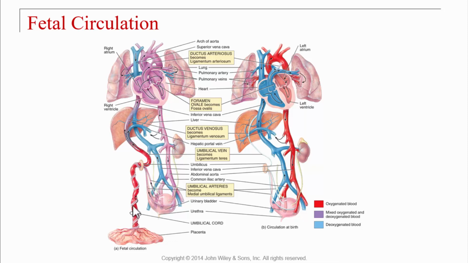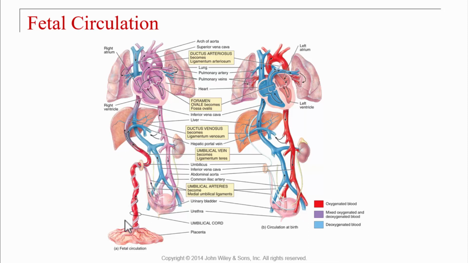That is the umbilical vein, because remember the definition of an artery and a vein. Veins go toward the heart, arteries go away from the heart. Even though this is carrying oxygenated blood, this is an umbilical vein pumping toward the heart.